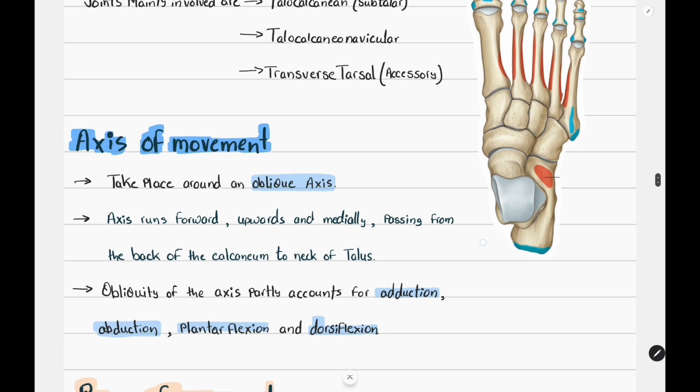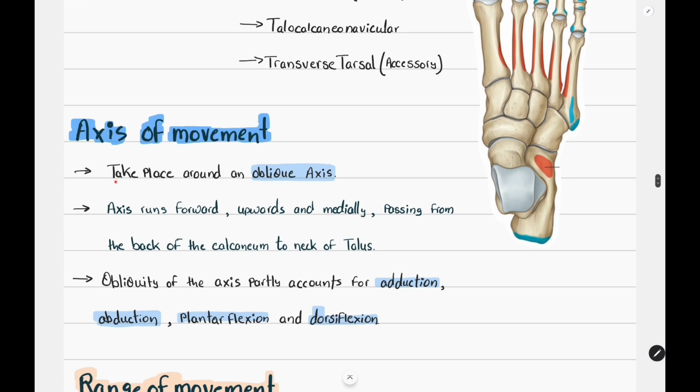Coming to the axis of movement, the movement takes place around an oblique axis. The axis is somewhat like this. This is an oblique axis around which the movement takes place. The axis runs forward, upward and medially, passing from the back of the calcaneum to the neck of the talus.